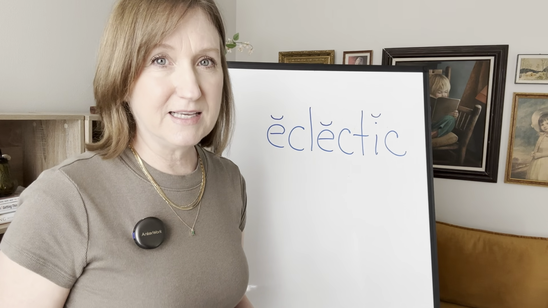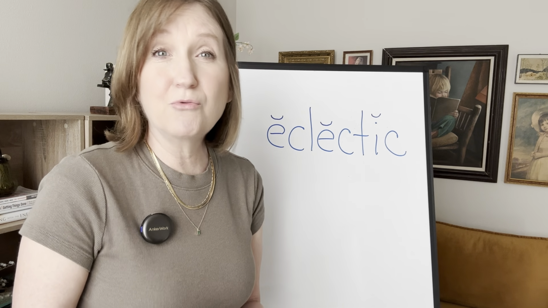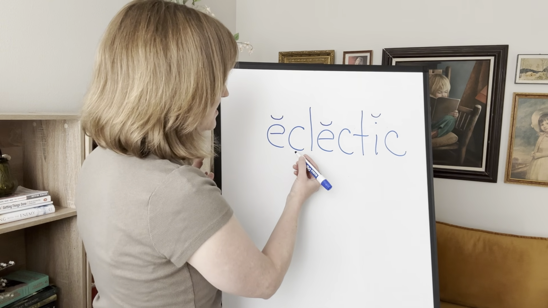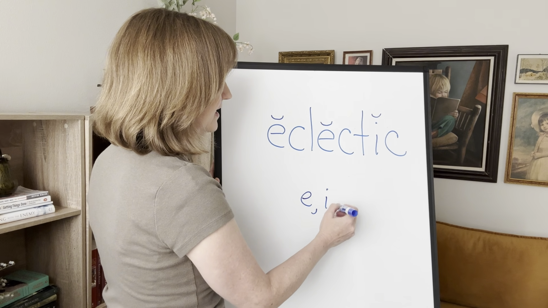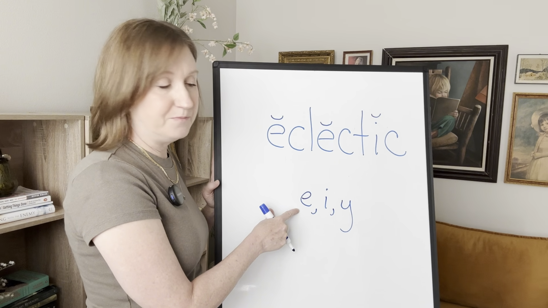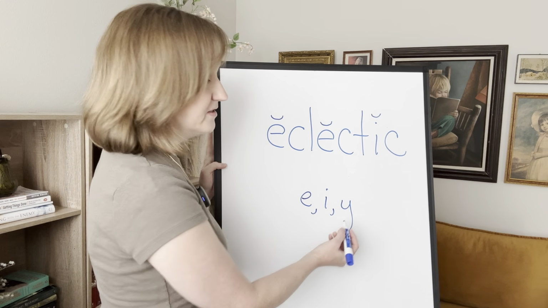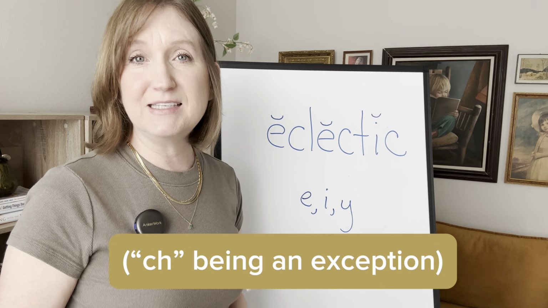There are 26 letters in the alphabet, and C will make its hard sound if 23 of them come after that C, most of the time. So if C is followed by any letter other than an E, an I, or a Y, it will make its hard sound and say k. It will only make its soft sound s if one of these 3 letters is after it. So 23 out of 26 times, C is going to say k.